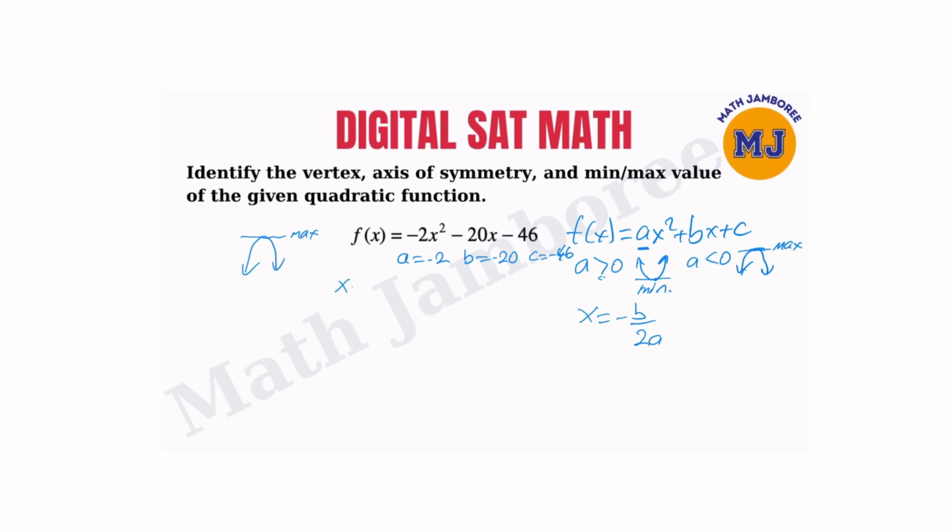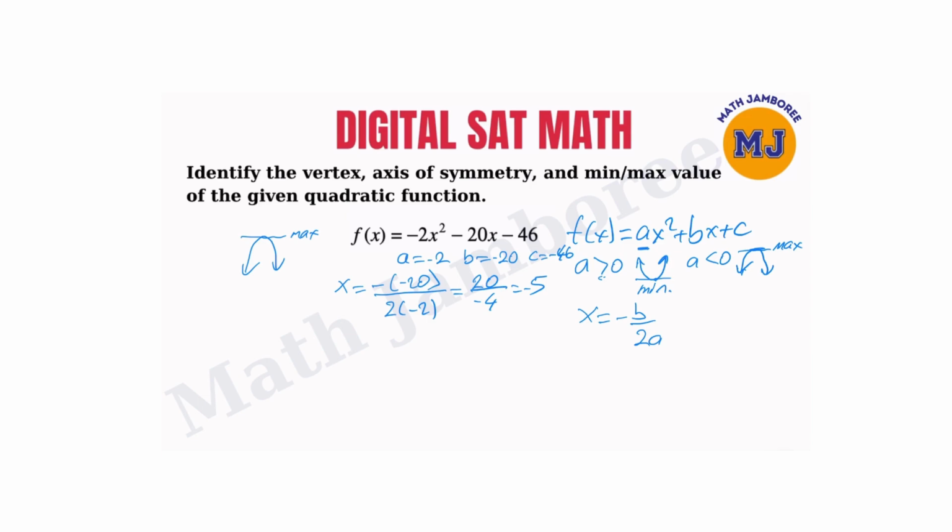The x coordinate of the vertex is negative, negative 20 for the b, over 2 times negative 2. Negative times negative is positive 20 over 2 times negative 2 is negative 4. So this will give us negative 5.